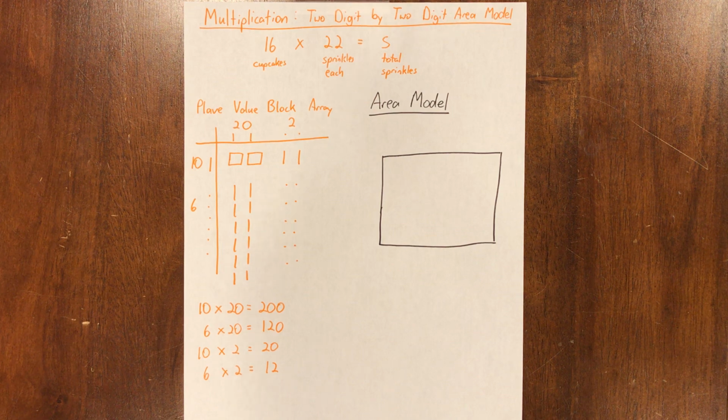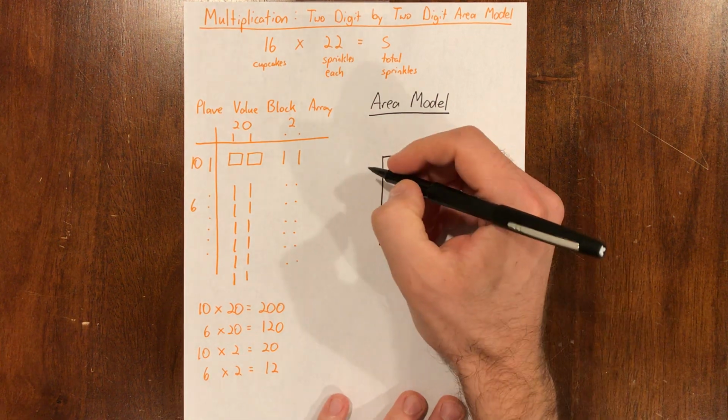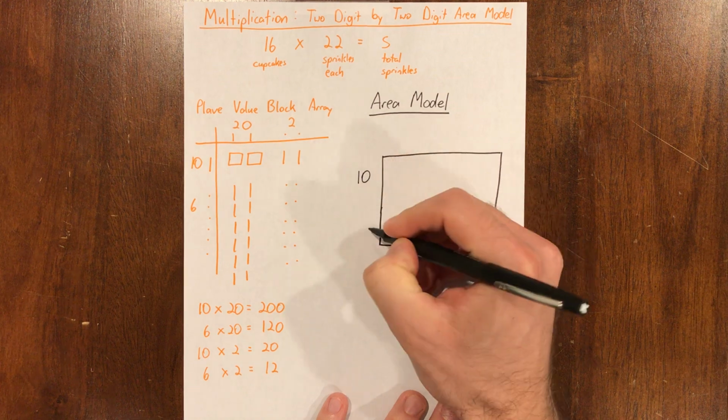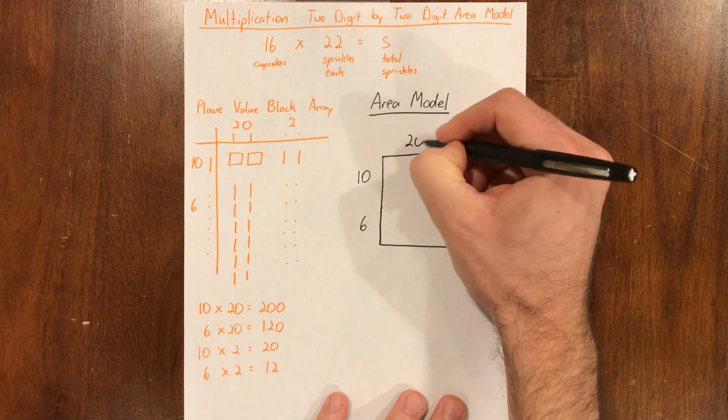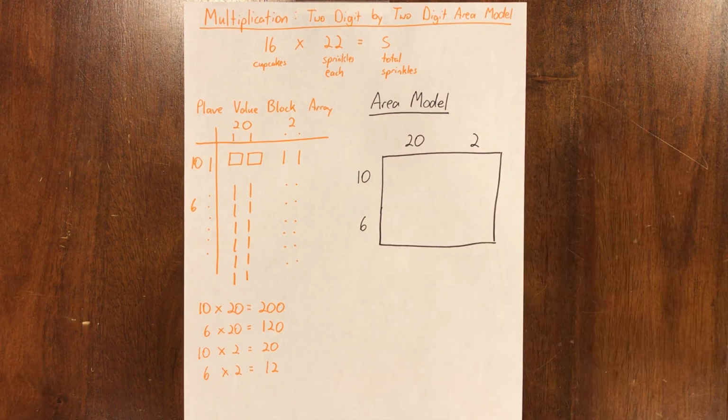Yeah, with expanded notation, so that we can multiply each place to find the partial products. So I'm going to put 10 and 6 for 16, 20 and 2 for 22.